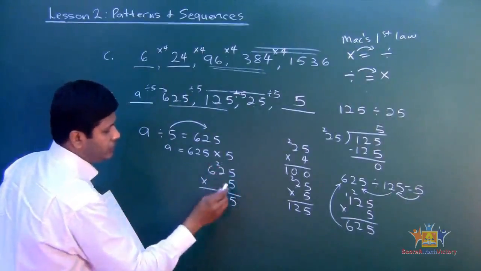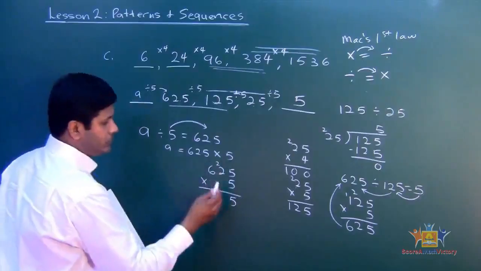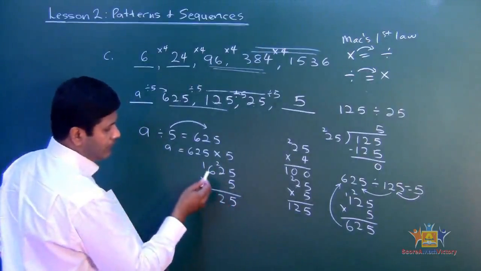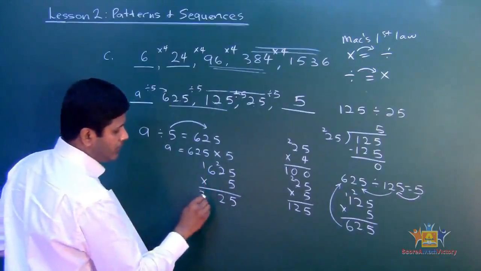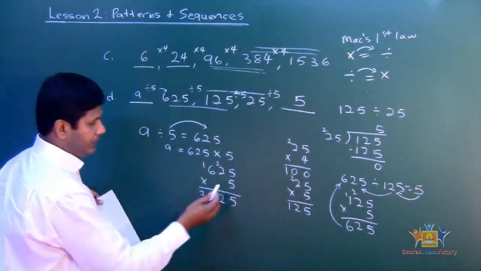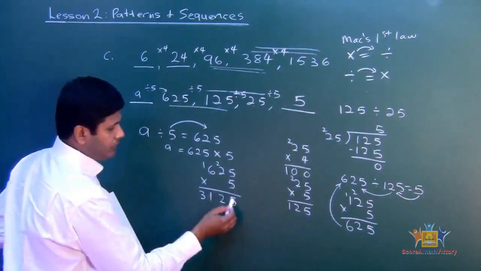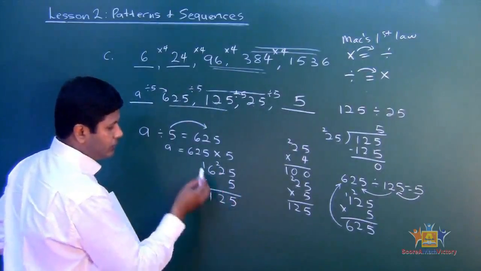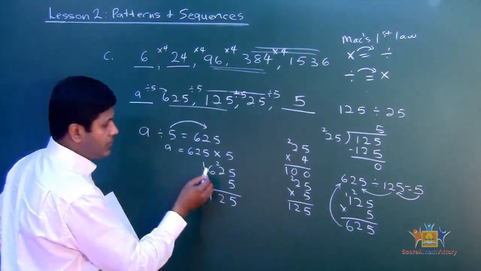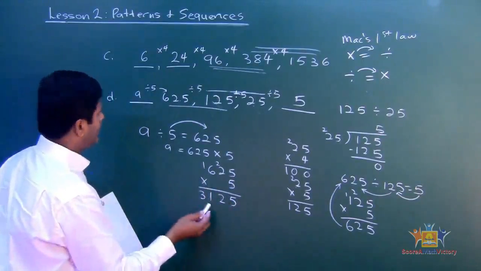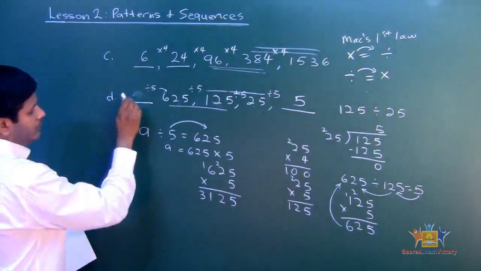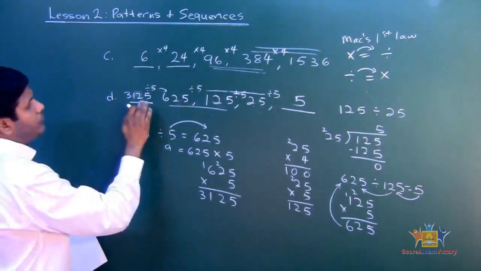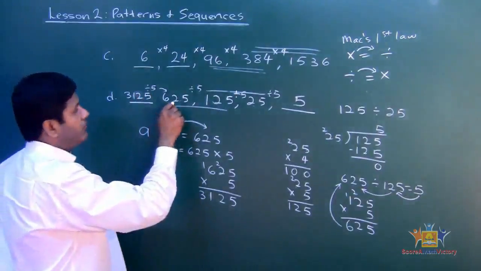So 5, carry 2. 5 times 2 is 10, plus 2 is 12. 2, carry 1. 5 times 6 is 30, plus 1 is 31. See that? So that means this is 3,125.